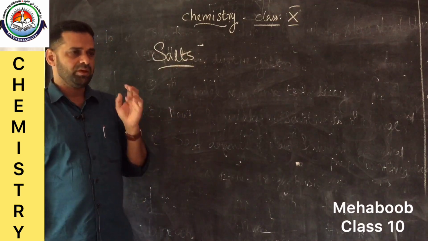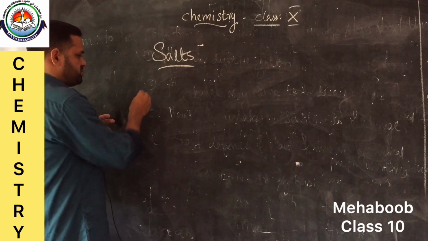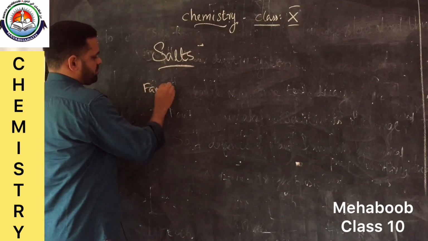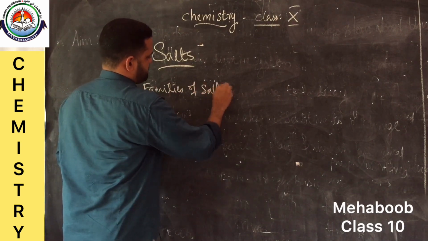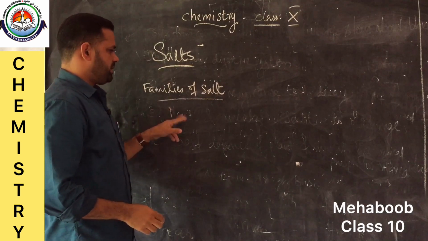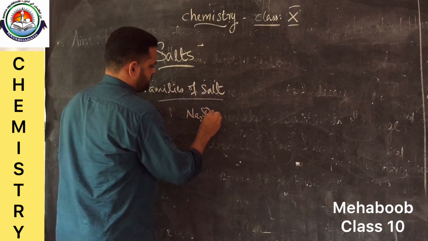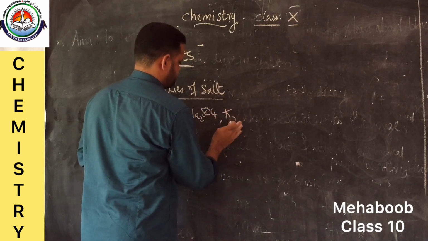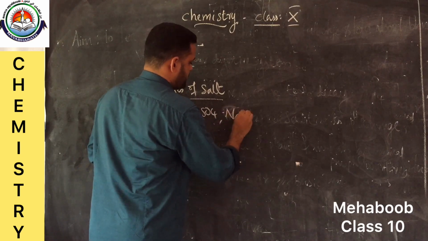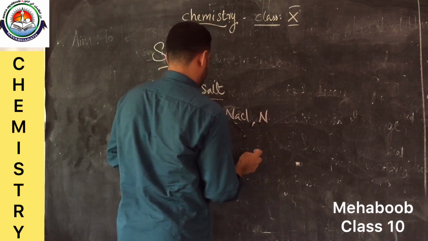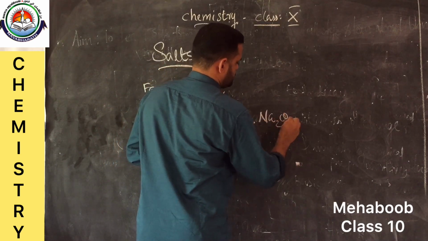By all these processes we get salts. Now let us discuss some general properties of salts, that is families of salt. For example, Na2SO4, NaCl, Na2CO3.